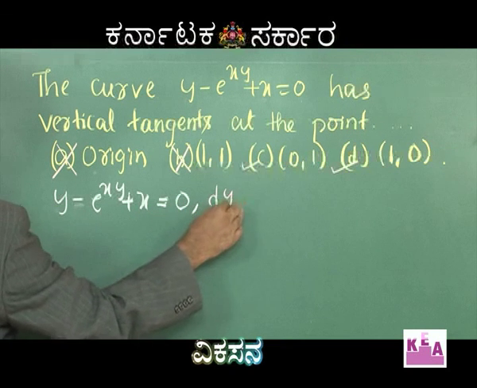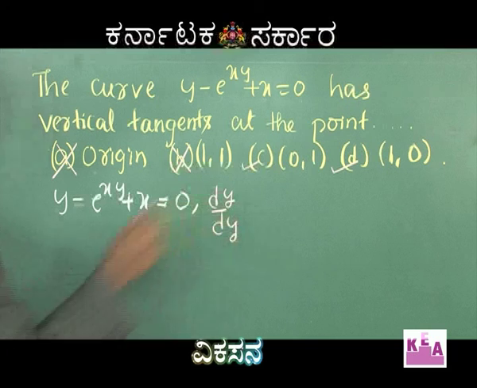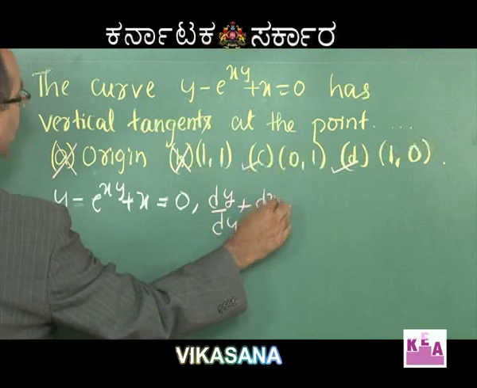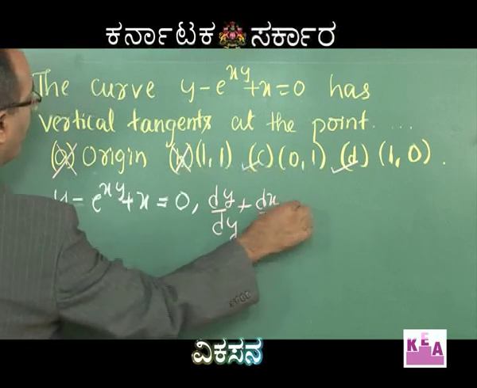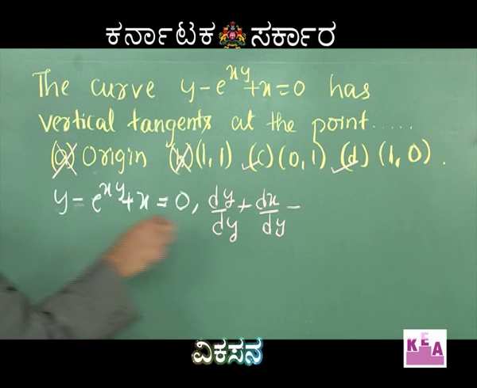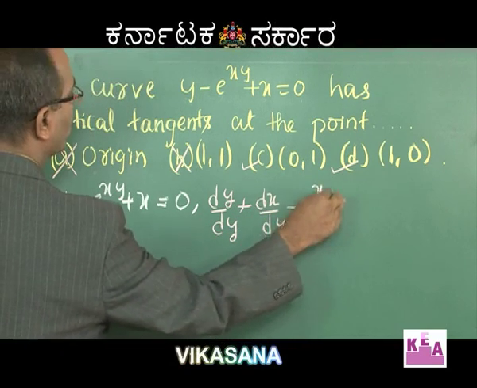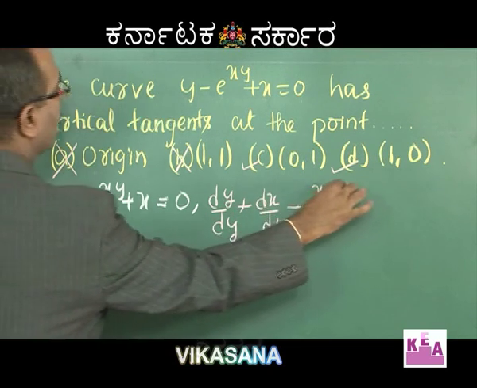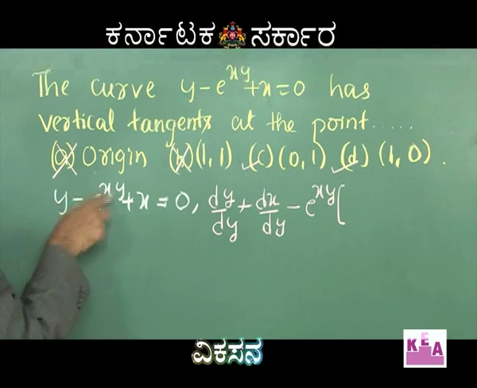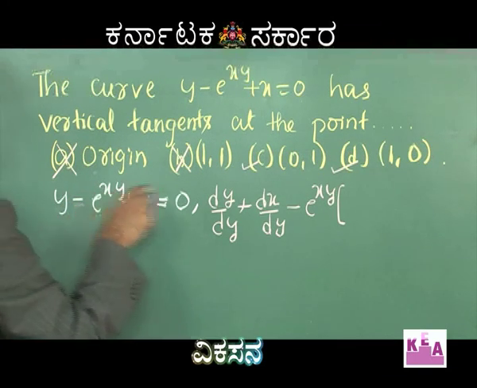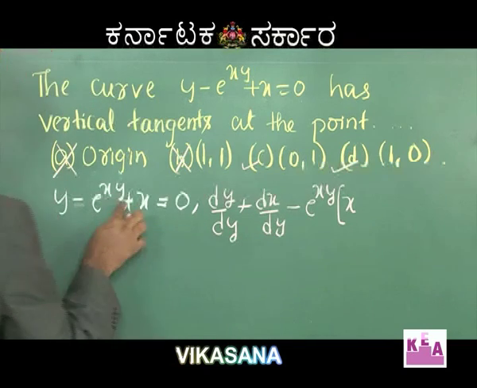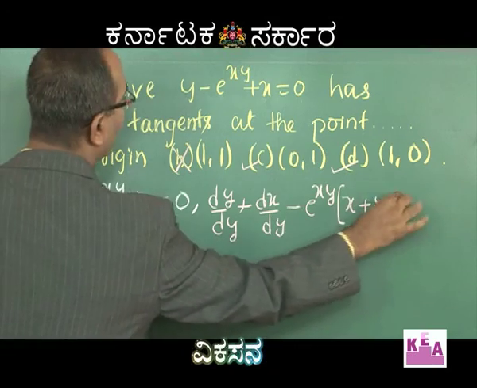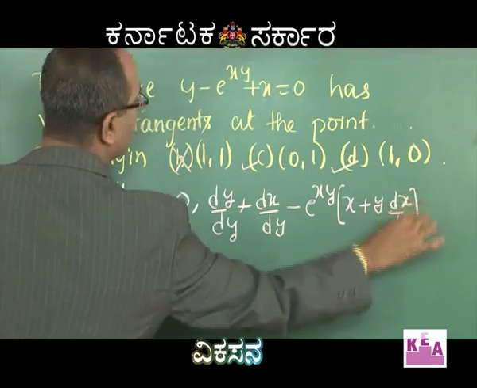Therefore, dy by dy plus dx by dy minus e power xy, and the differentiation of e power xy is e power xy into the derivative of xy. What is the differentiation of xy with respect to y? x into dy by dy, that is x into 1, plus y into dx by dy, that is equal to 0.